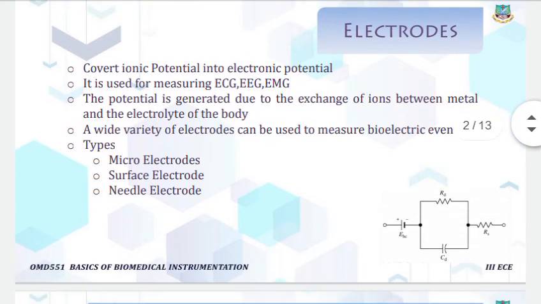What are electrodes? What is the purpose of electrodes? You all know, it converts the ionic potential into electrical potential, that is, ionic voltage into electronic voltage. These electrodes are mainly used for measuring the electrocardiogram, electroencephalogram, and electromyogram. The potential is generated due to the exchange of ions between the metal and the electrolyte of the body.